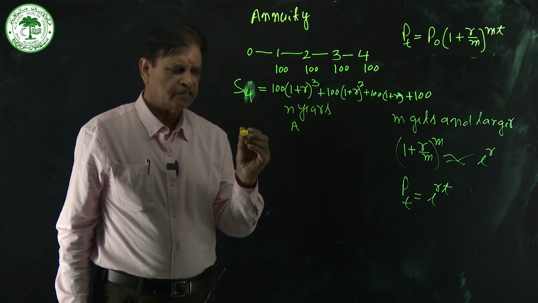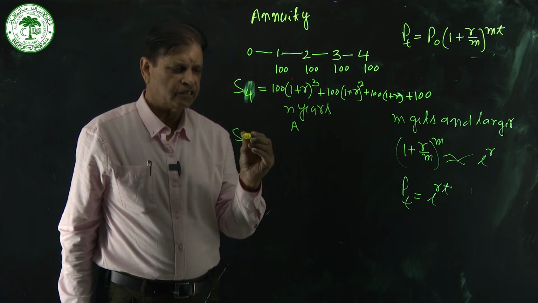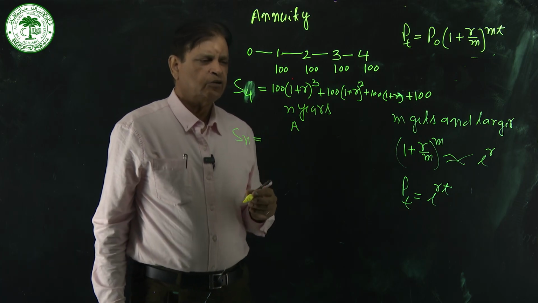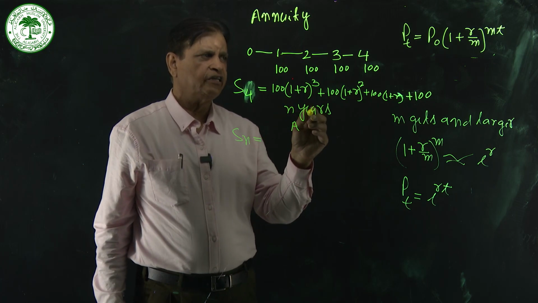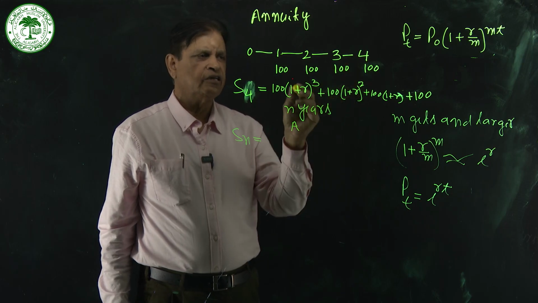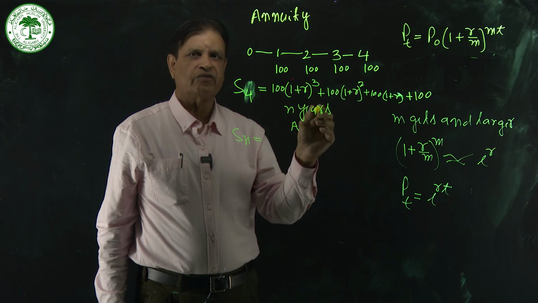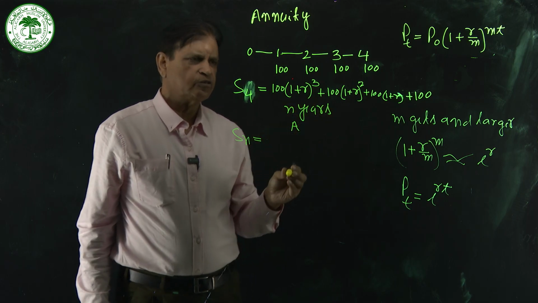So we can write the sum of the annuity as Sn. Now here, we deposited for 4 years, so the power was 3. So when we are depositing for n years, it will be n minus 1.